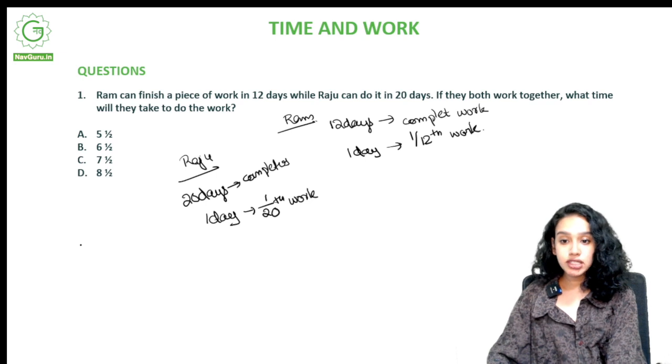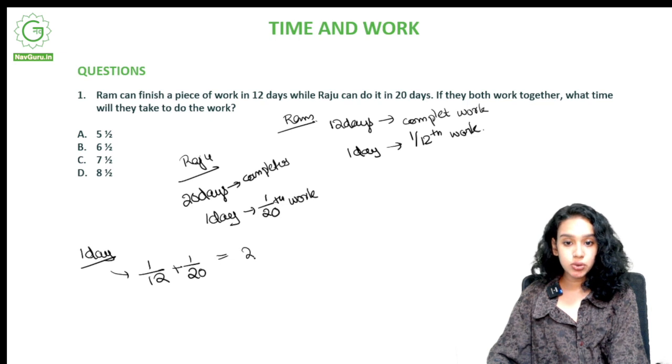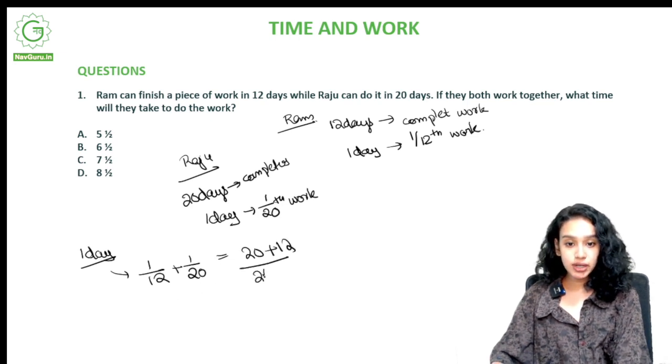So, if they're both working together, in one day, how much work would be completed? The amount of work completed in one day would be 1/12 plus 1/20. It would be equal to (20 plus 12) divided by 240, so we get 32/240.